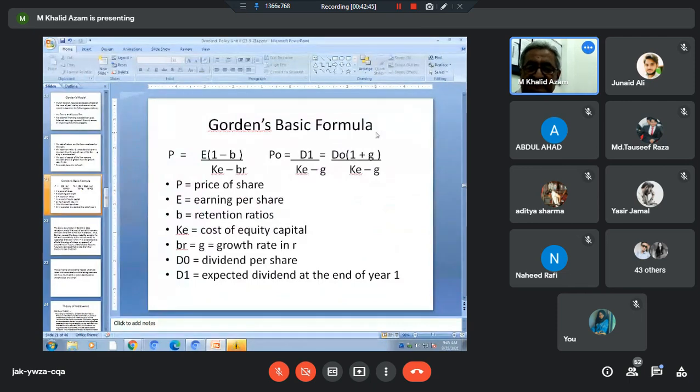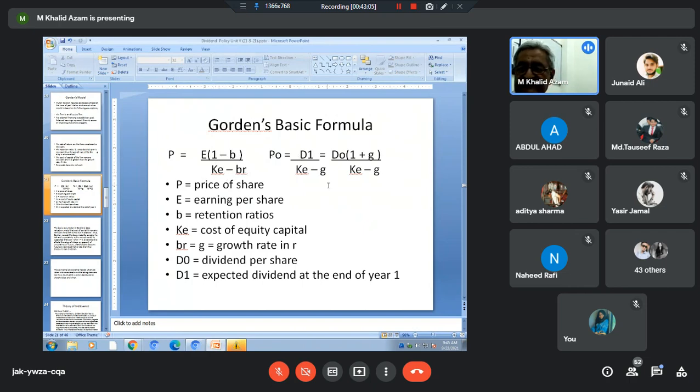Now see here. This is a very simple formula which he has assumed and considered. P0 or P is your price of the share. E is your earning per share. 1 minus B is the retention ratio which we are considering.